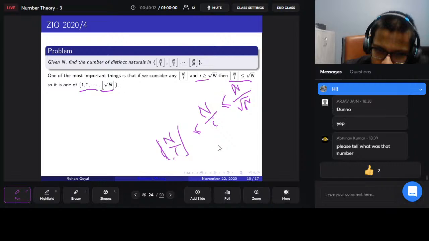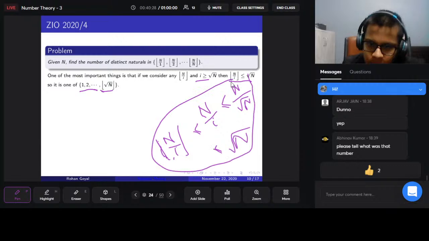Do you understand why this much is true? Okay, great. So the value of this must be in this set.